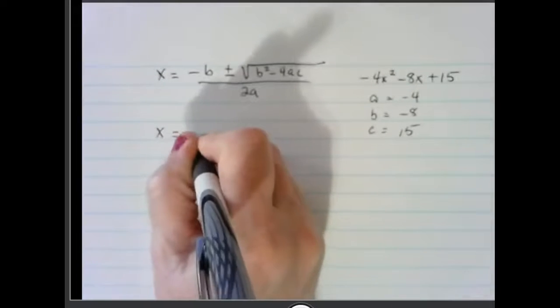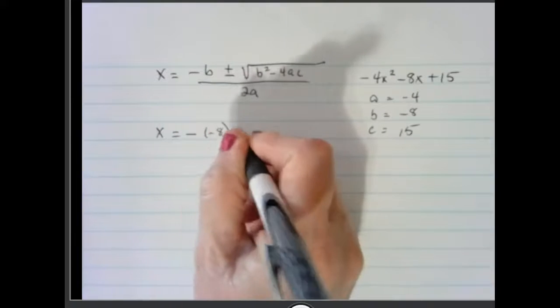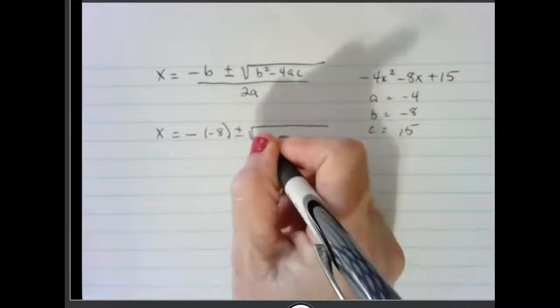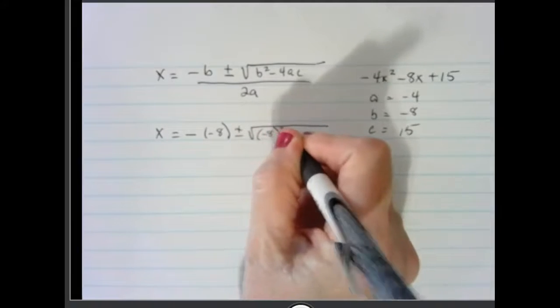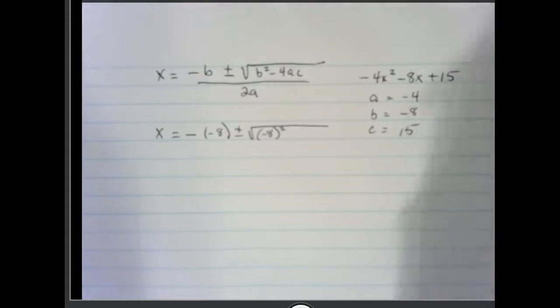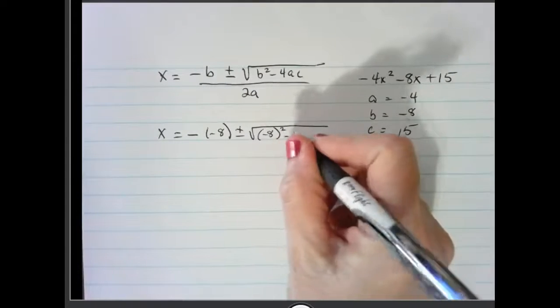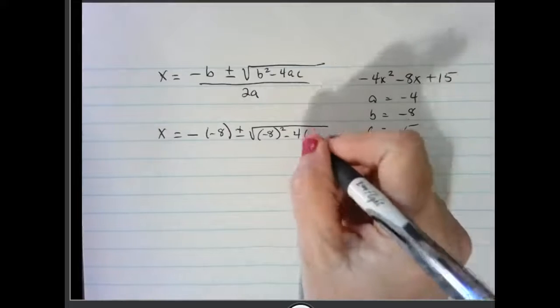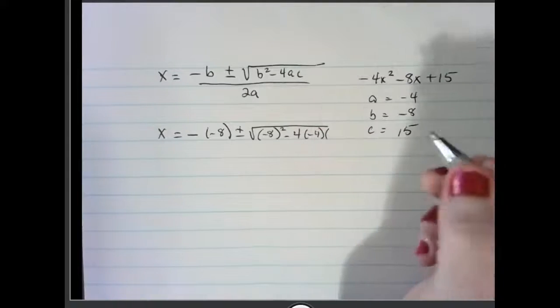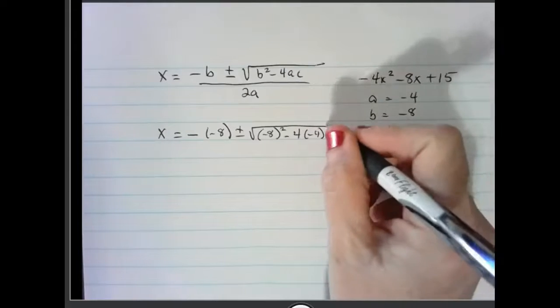X equals -b plus or minus -8 squared. That's my b. Minus 4 times -4 times 15.